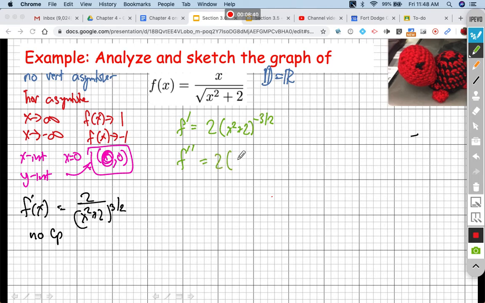That's just 2 times negative 3 halves times x squared plus 2 to the negative 5 halves times the derivative of x squared plus 2. So the 2 and the 3 halves, the 2 there cancel. I'm going to end up with negative 6x over x squared plus 2 to the 5 halves.